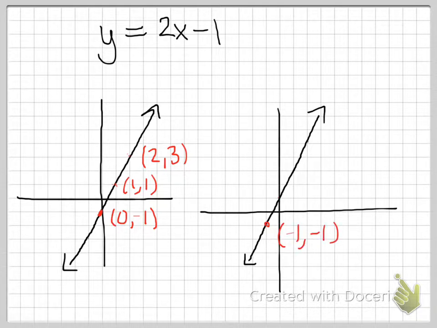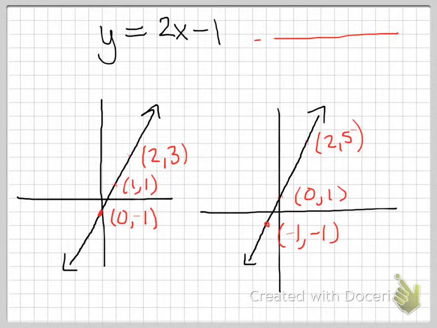And 0, 1. And 2, 5. So if you wanted to know which graph went to this equation, remember the ordered pairs are just, well, let me draw the table the other way.